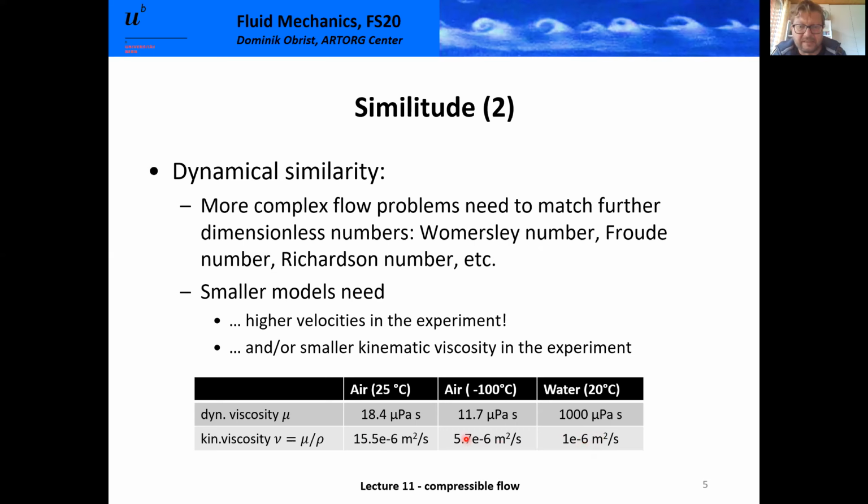Or it's about, let's say, 3 times higher than the viscosity of air if we cool it down to minus 100 degrees. So by modifying the fluid, either cooling down the air or replacing air by water, we come into a lower viscosity range, which compensates a bit for the scale differences and allows us to run the experiment at lower velocities.